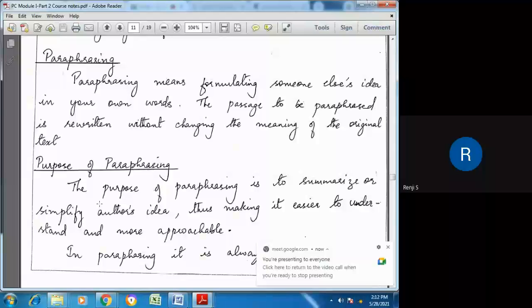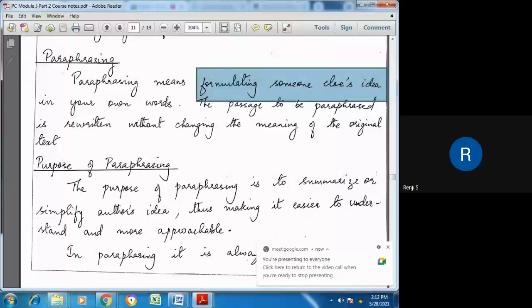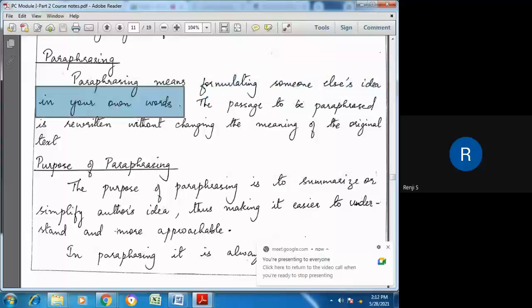Paraphrasing means you're formulating someone else's idea in your own words. That is, one person has written something, an essay or a story or a technical document, and you read that document and write it in your own words so that it is easier to understand.